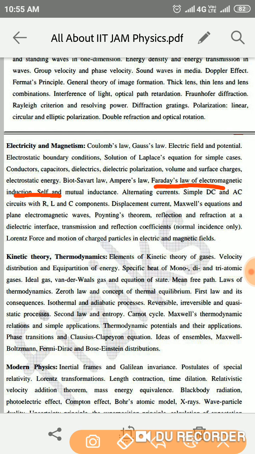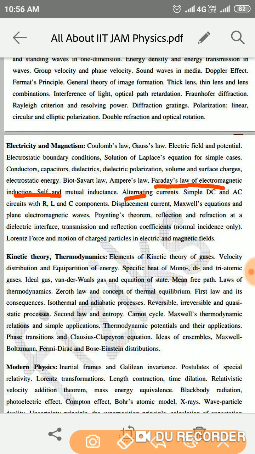Okay, now moving, there is some basics of alternating current, simple DC-AC circuits with RLC component. You must know how the circuit will behave when different components of resistors, inductor, and capacitors are used.